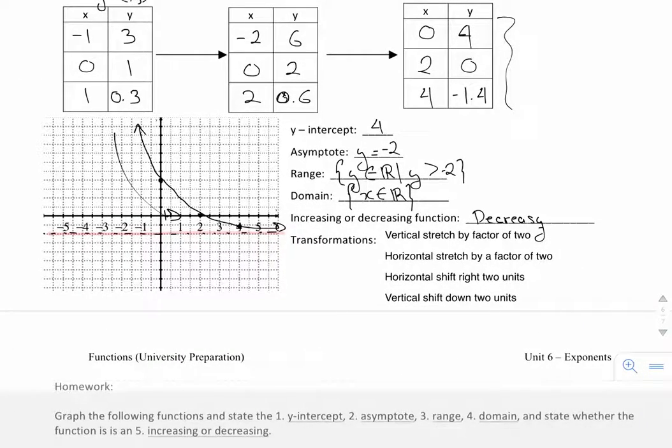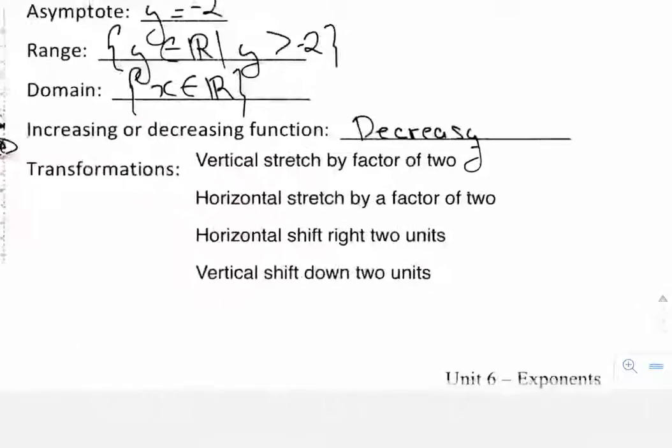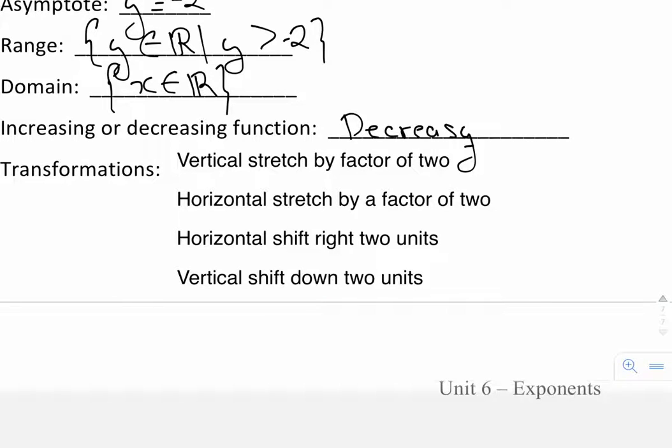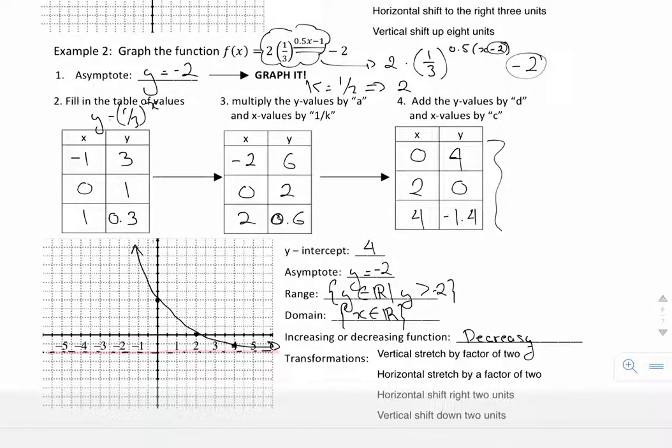The y values are getting smaller and smaller. And finally, I have all my transformations listed here for you to read off. So vertical stretch, horizontal shift, and a vertical shift, everything together. This is a pretty standard type of test question. Definitely you'll find it in the upcoming test.